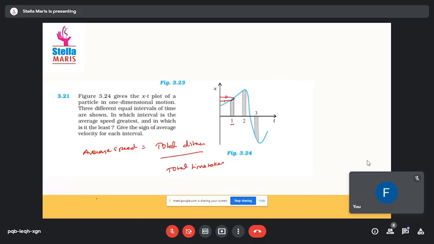Now for the second interval, this is position 1, and position 2 is somewhere here. The distance between position 1 and 2 is this line. Similarly for the third interval, this is position 1, and this is position 2, somewhere around here.